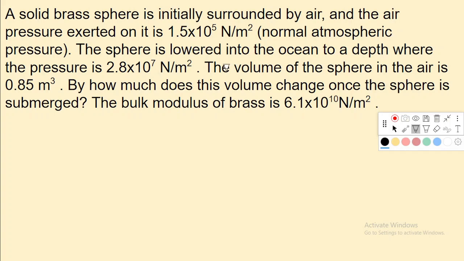The amount of pressure that caused a change in volume is only due to the pressure caused by the depth of the water column. So for that we have to subtract the value of the normal pressure from the total pressure 2.8 into 10 raised to 7 Newton per meter square.